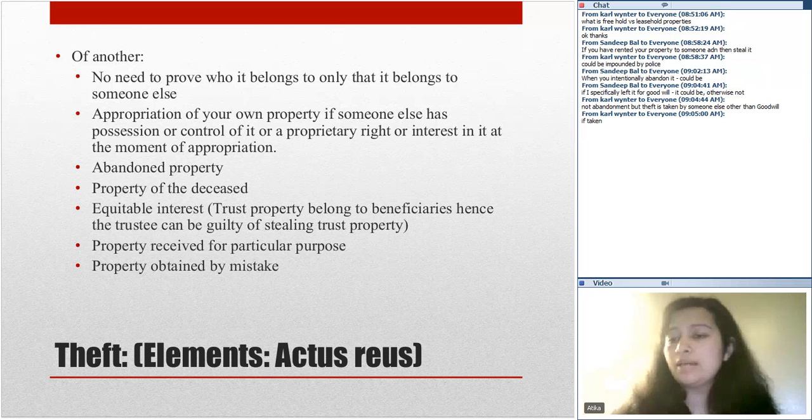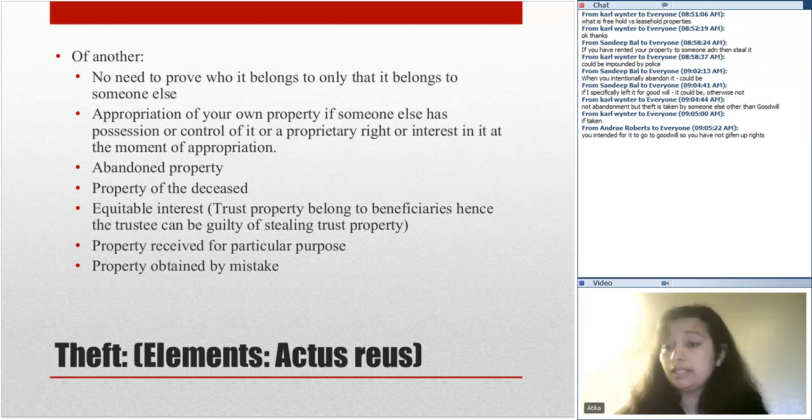I have actually assigned another owner for it. Goodwill is another owner. Okay. Although I am abandoning all my rights in it, I'm giving up my proprietary rights and interest in the clothes, but I have given it to Goodwill. It doesn't belong to anybody else but Goodwill. I am giving it to Goodwill, right? Exactly. So I intended for it to go to Goodwill. So I am not giving up the right.